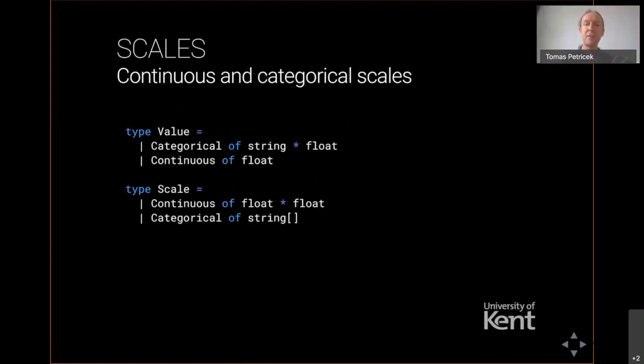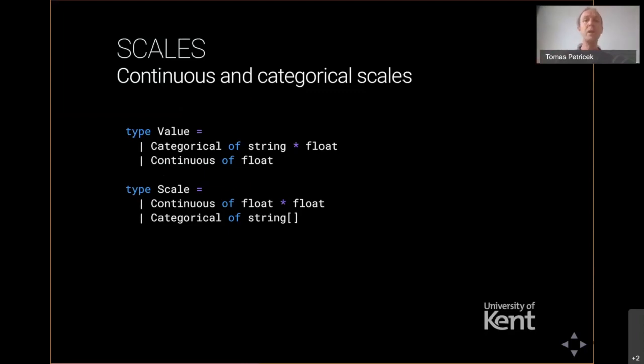And the beautiful thing is you sort of try to understand what a chart is by thinking about it in this way. And at the same time, you can write F# code, F# type definitions that represent this. So in my case, there's a type for scales, and scale can be a continuous that represents sort of area of a chart, really, from some number to some number, or a categorical, in which case it just has a list of these different categories.